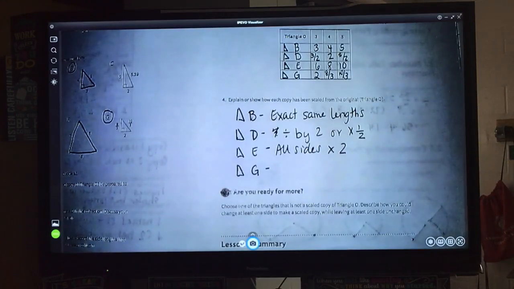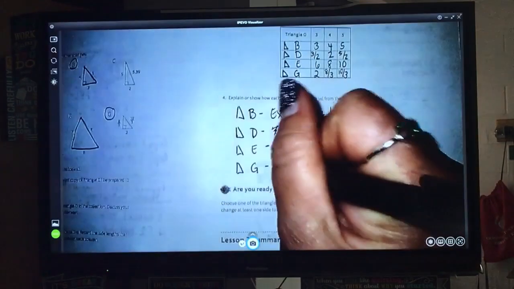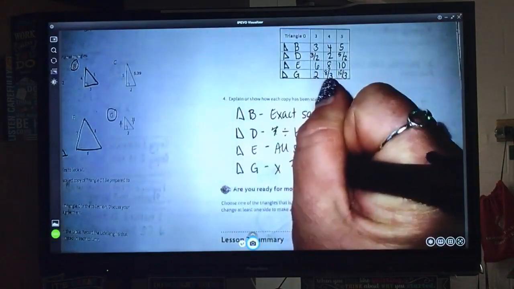This one's a little bit harder. Jason: Multiply by 1/3. Close. Close. 2/3. Alexa: Yeah. So it's times 2/3.